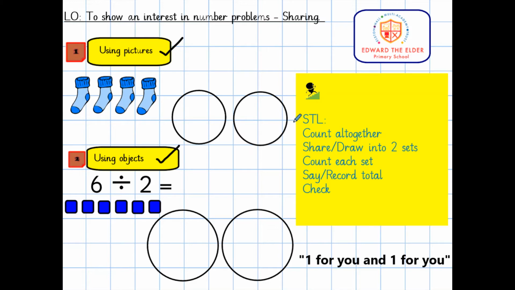Number 1, using pictures. As before, we use steps to learning to ensure we are teaching new methods in the correct order. Firstly, we would count the number of objects in the picture together, counting carefully 1, 2, 3, 4. We would then share or draw these objects into two sets.